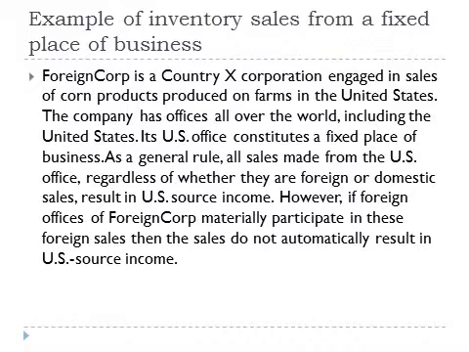As a general rule, all sales made from the U.S. office, regardless of whether they are foreign or domestic sales, result in U.S. source income. However, if foreign offices of Foreign Corp materially participate in these foreign sales, then the sales do not automatically result in U.S. source income.